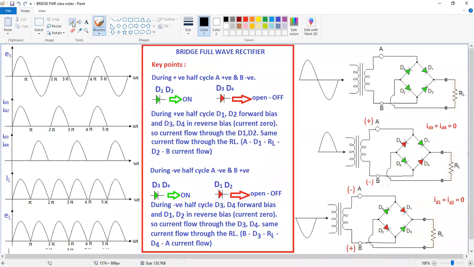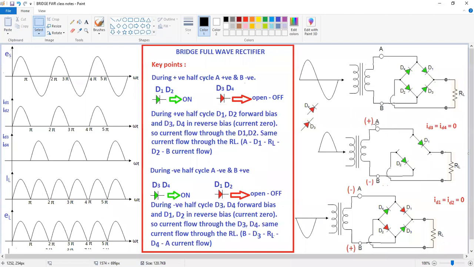See this circuit diagram in the case of the bridge full wave rectifier. For half a cycle, how many diodes are operating? Only 2 diodes. In the case of the positive half cycle, D1, D2 both are operating. I already discussed this concept. In the positive half cycle, D1, D2 both are operating at a time.